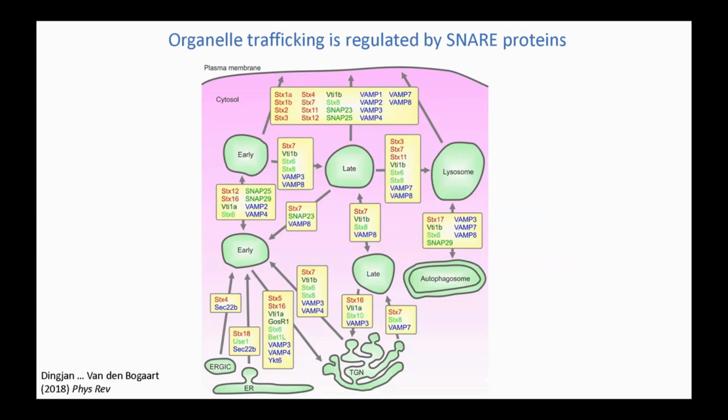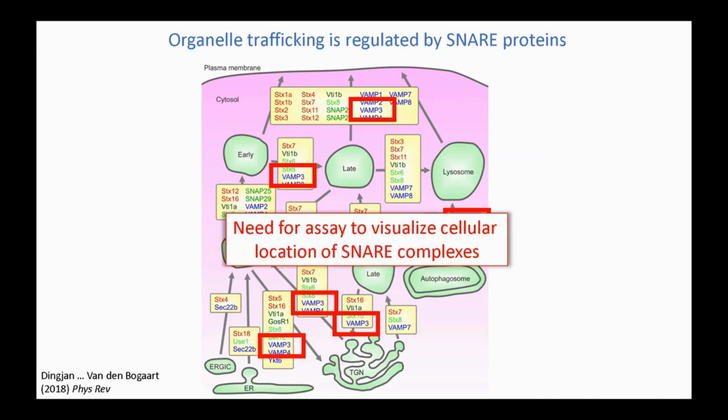So if you take, for example, this SNARE, which is a key SNARE that I'm interested in because it mediates the release of inflammatory cytokines, the hormones of the immune system, you see that it is involved in many different organelle fusion steps: exocytosis, lysoendosomal trafficking, also earlier in the ER to trans-Golgi network trafficking pathway. So how do we know if we make, for example, a mutation, whether this affects its role? So what we needed and what we developed is a new FLIM-based technique to visualize the cellular localization of these SNARE proteins.